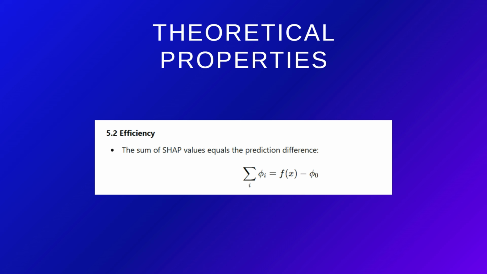Secondly, there are approximation methods. To address the computational challenges of exact computation, SHAP also provides approximation methods, and these methods are designed to balance the trade-off between accuracy and runtime. Here, the two main categories are sampling-based approaches and model-specific optimizations.